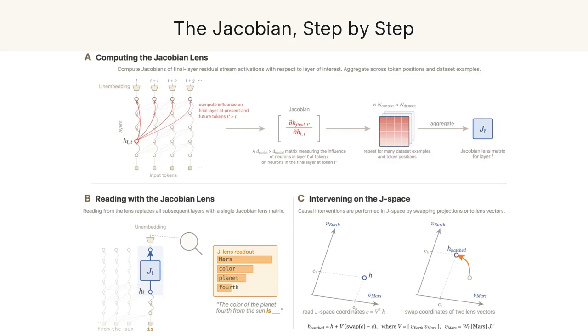Here's the recipe in 3 moves. First, take an activation deep in the model and imagine giving it a tiny nudge. That nudge ripples forward through every remaining layer and shifts the final output. To first order, that whole cascade is just a linear map, and the matrix that describes it is the Jacobian.